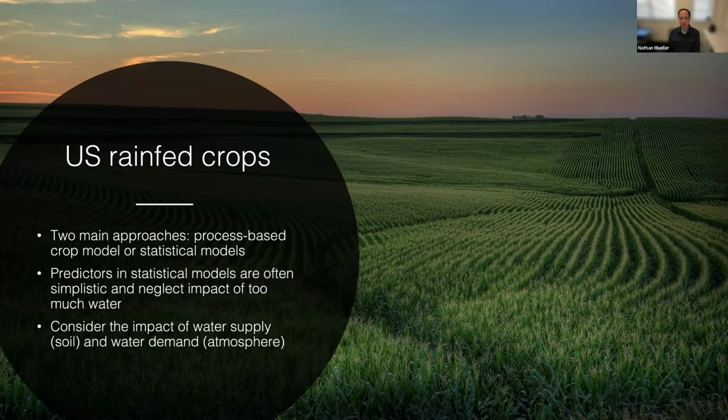There are two main approaches commonly used to look at the impacts of weather variability and climate change on crop productivity: either process-based crop models or statistical models. Both of these approaches have strengths and limitations. A limitation of the process-based models is that they're often pretty complex and highly parameterized, so it's hard to know how to generalize them across space or time.